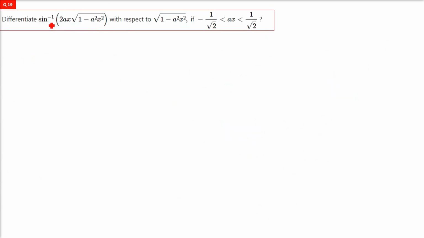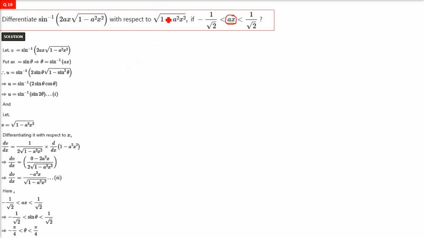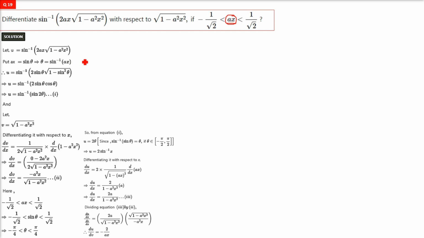Differentiate sine inverse with this one. So wherever we get a square x square, because it is already given in the question, ax is between minus 1 by root 2 and 1 by root 2. The question is only saying you have to put ax as something, right? So ax we will put as sine theta. And the range is also given, minus 1 by root 2 and 1 by root 2.